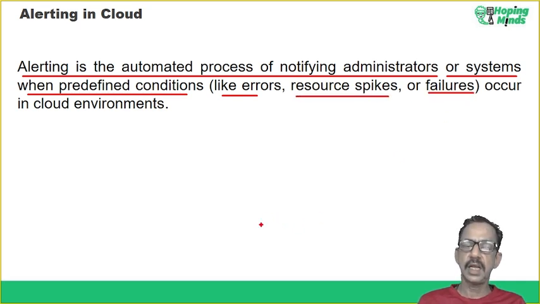Spike means traffic suddenly going high, or a compute application suddenly increasing the load on CPU, or any failure in the network in the cloud environment. It should immediately alert the administrator.